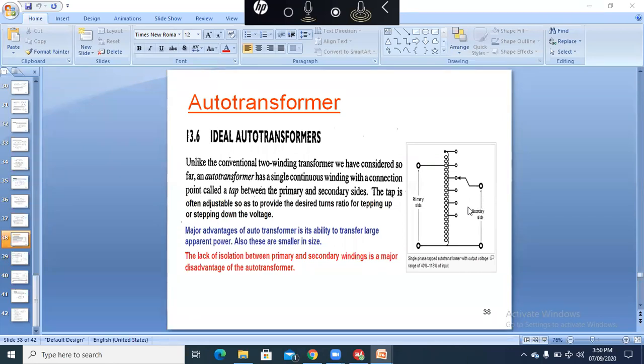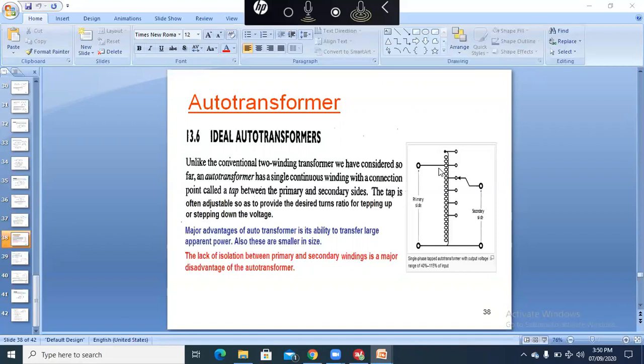So there are some disadvantages because there is no isolation between the primary and secondary coil. Because of this, if there is a break of the coil, the primary voltage appears across the secondary side because of the open circuit here.